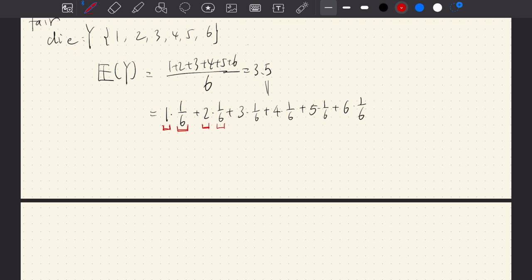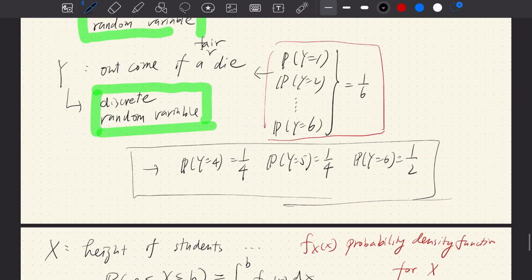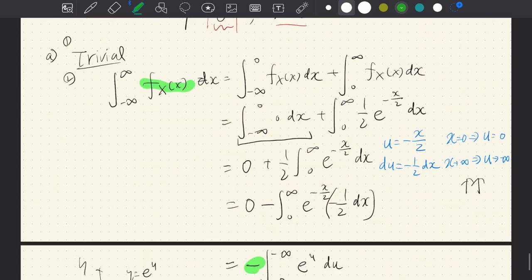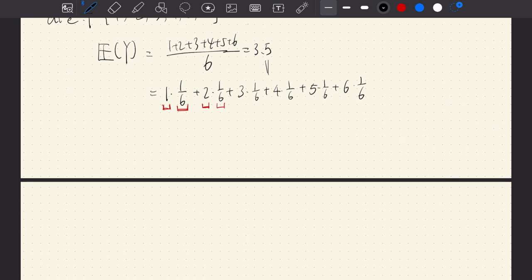Okay, so for example, we talked about another possibility that the die is not fair, right? Say the die is not fair and it has probabilities like this: 1/4, 1/4, and 1/2 for y equals 4, 5, and 6. I write here, unfair die. Let's say the outcome for this unfair die is z.